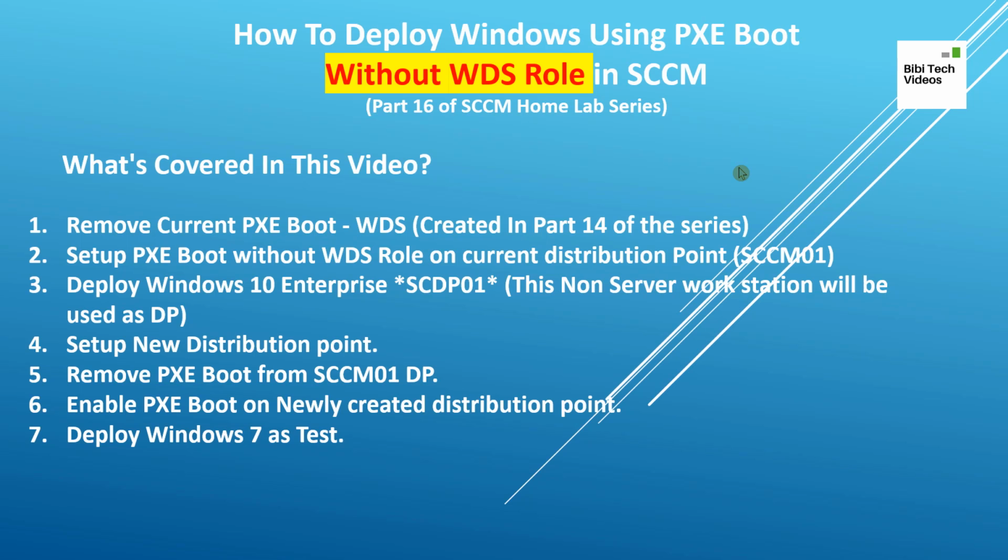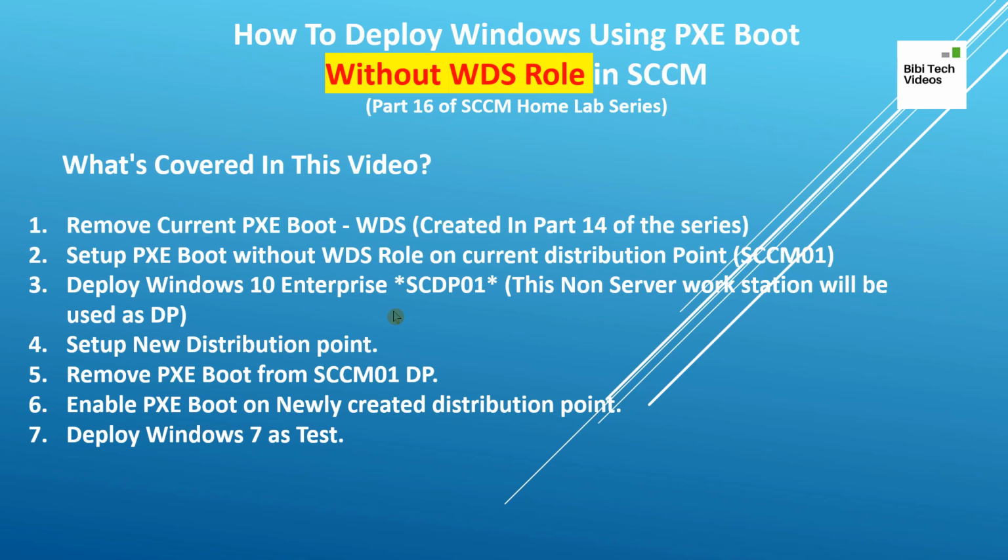Once that role is set up, I'll move to step 3 of this video, which would be deployment of Windows 10 Enterprise, and I'm going to name that machine SCDP01. The purpose of deploying this machine is that I want to show you how you are now able to set up a distribution point with the PXE boot on a non-server grade machine too.